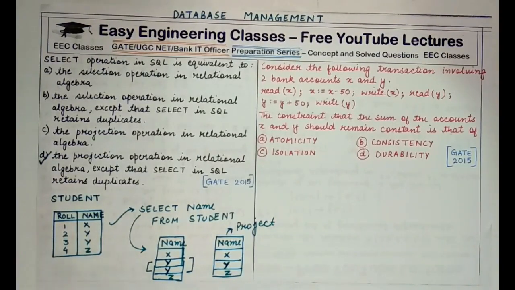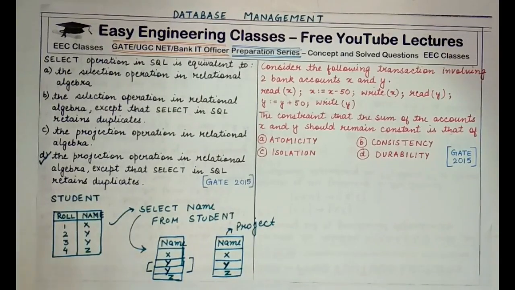So what does it actually mean? That before this transaction happens and after this transaction happens, no matter what changes were made by the transaction, the final value of the sum of X and Y should always remain constant, and this consistency should be maintained. That means there is no exception to the rule that the values of X and Y can be changed in a manner which does not make their sum constant.